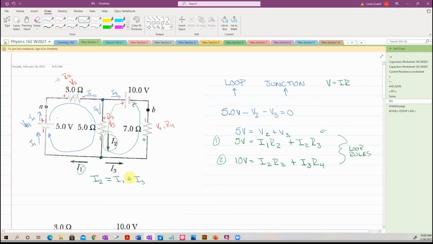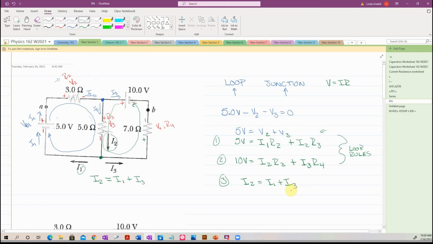So what I always encourage people to do is look for the thing going into a junction, a current that you've already labeled, and what it's splitting up into. And so my I1 and my I3, they had better equal I2, otherwise I don't have conservation. So what I've done here is made a third equation. So number 3 is going to be I2 equals I1 plus I3.